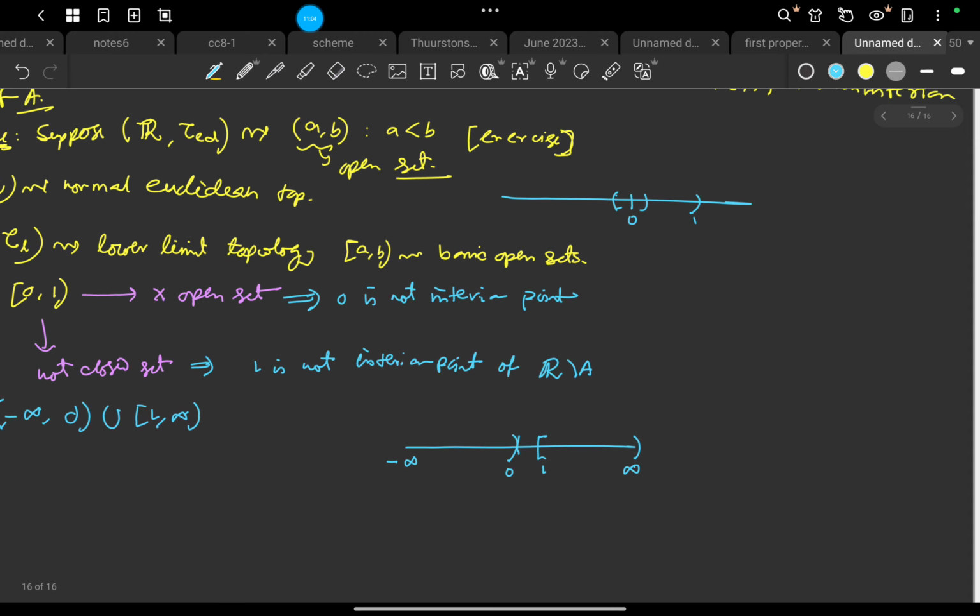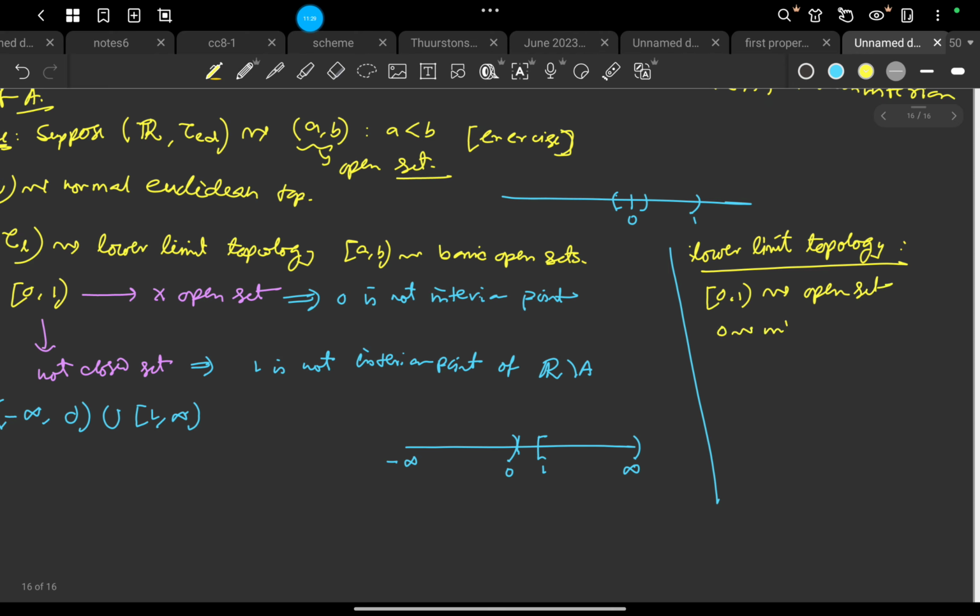But once you are in the lower limit topology, [0, 1) is an open set.